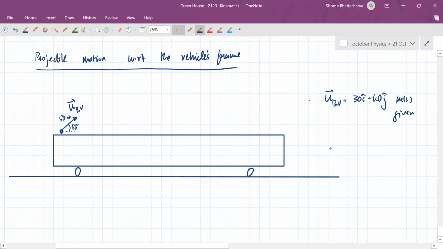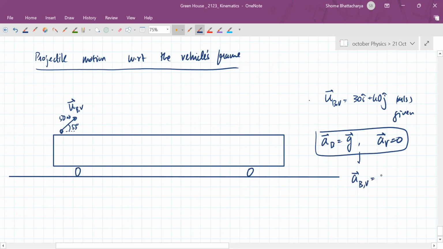Now you can also see that the acceleration of the ball in ground frame is acceleration due to gravity, and acceleration of the vehicle is 0. So this fact now tells us that the acceleration of the ball with respect to the vehicle is acceleration due to gravity only. So the equations of motion will be just as if it's a regular projectile.